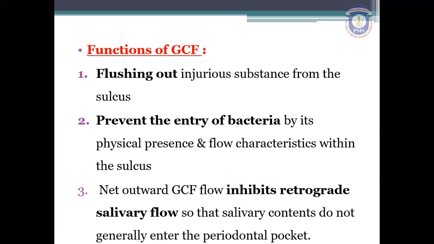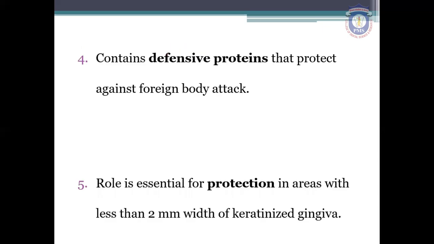Because of the net outward GCF flow, it will inhibit the retrograde movement of the saliva into the sulcus. Now, it contains certain defensive proteins that help to protect against foreign body attack. And also, it has a role in protection in areas, especially with less than 2 millimeter width of the keratinized gingiva.